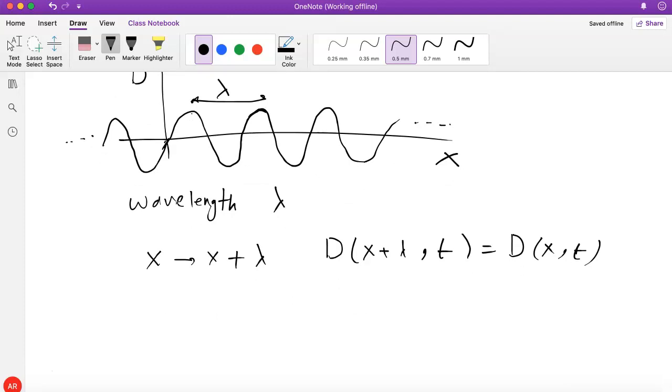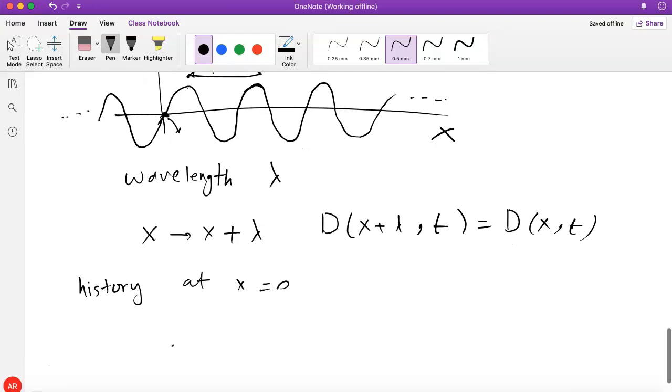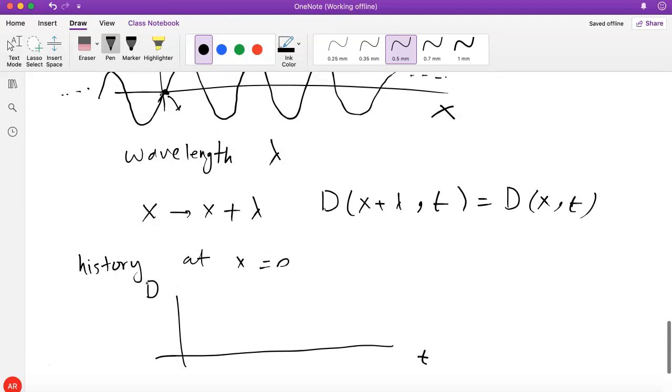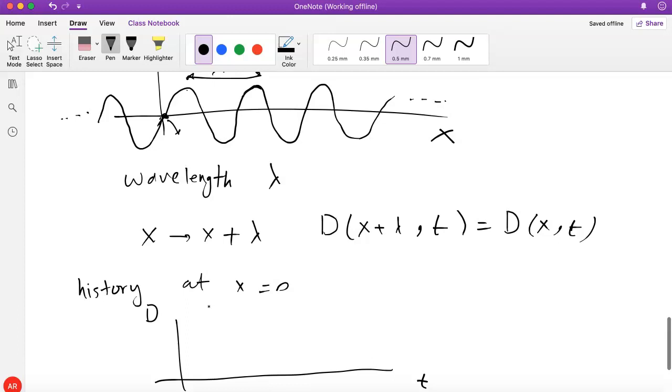Now, if I think about the history graph, let's say for the point x equals 0, my horizontal axis is time. Again, I'm looking at displacement. And what am I going to see?